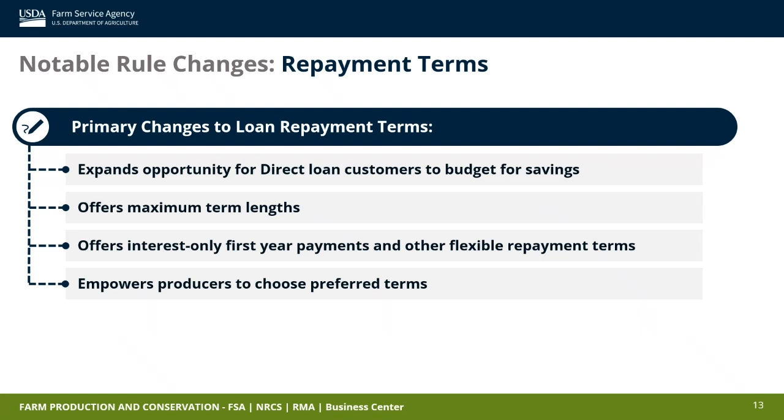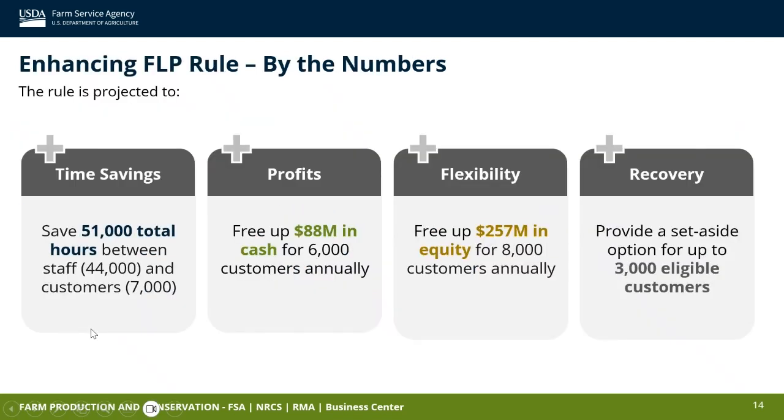So, the changes in this rule, I've mentioned just how it should free up significant equity and cash. A lot of customers will save times on the servicing side of the house as far as having less financial distress. And so, we do anticipate this to have a significant impact annually. And that's just what's being demonstrated here on this slide. The proof will be in the pudding, we understand.